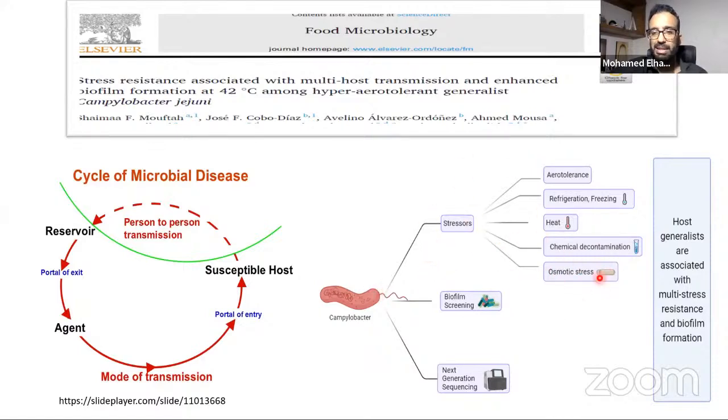We thought that maybe our bacteria have evolved several stress mechanisms, or what we name cross resistance. By cross resistance, I mean that resistance to one of these stressors can trigger the bacterium into being more resistant to other stress conditions as well.